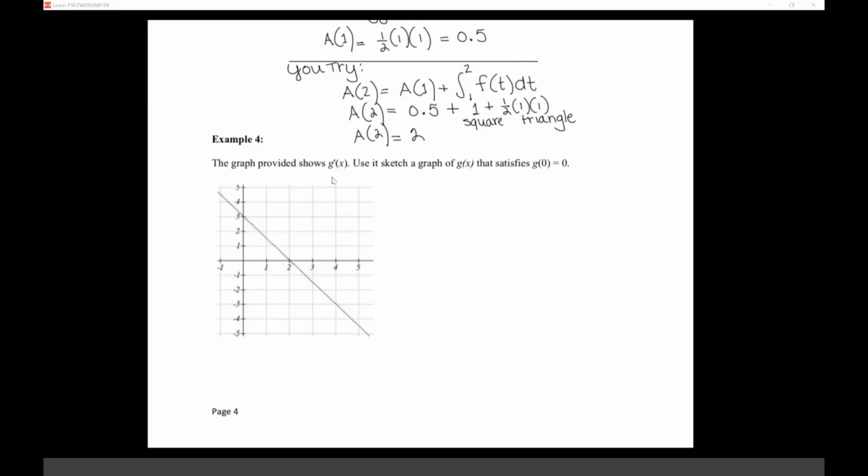They're giving us a graph and they're telling us it's a derivative. And then they're telling us to use it to sketch a graph of its antiderivative. Notice the prime is gone.